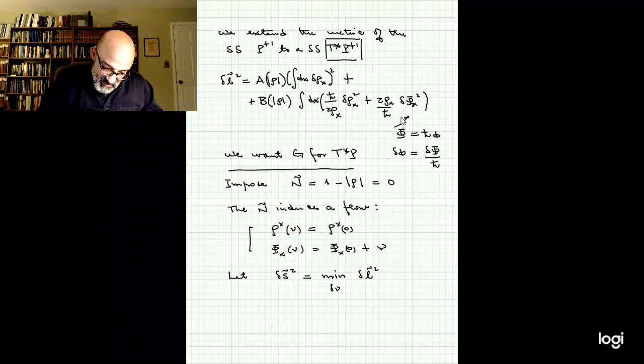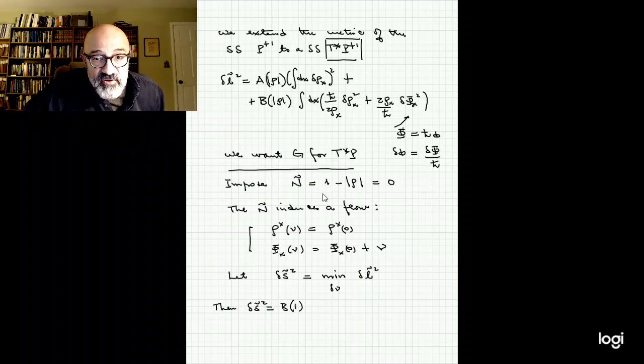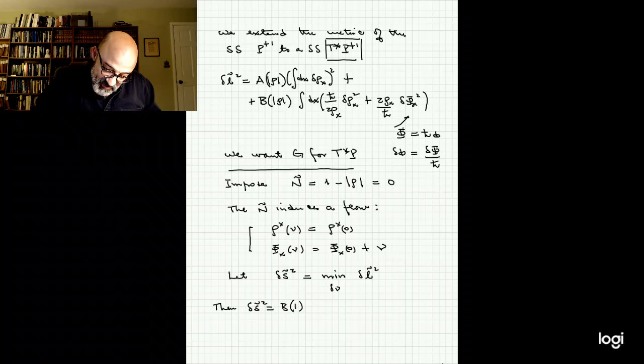And the result is B of 1, because if you set rho equal to 1, that's what you have there. But we're going to just forget this constant, rho.